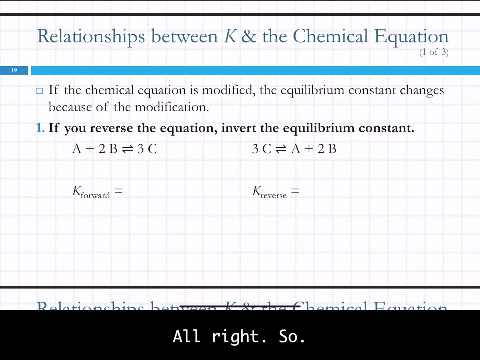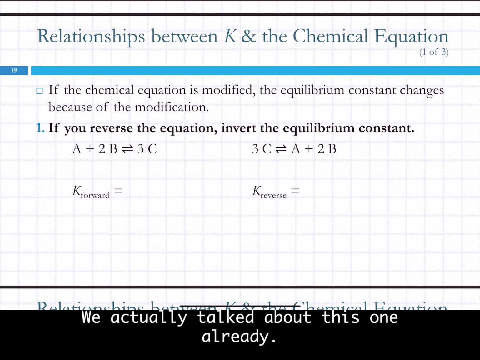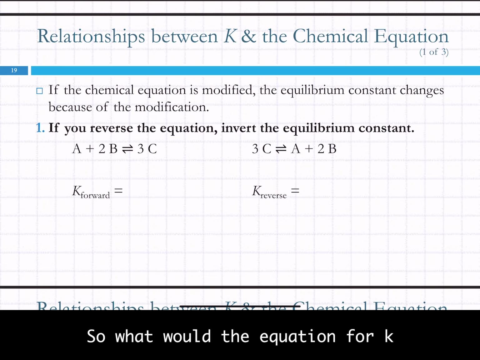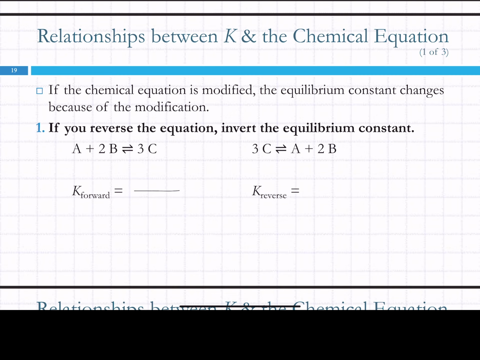All right, we actually talked about this one already. What would the equation for K for the forward reaction be? It's C over A over B squared.